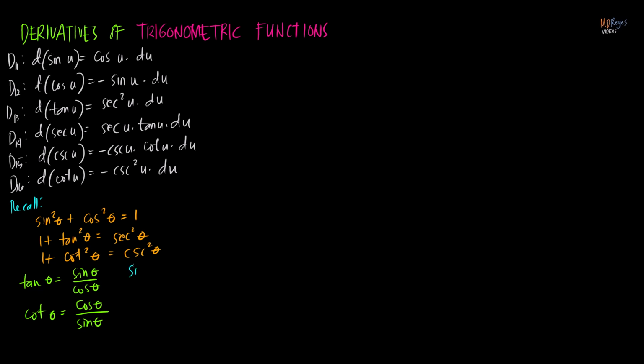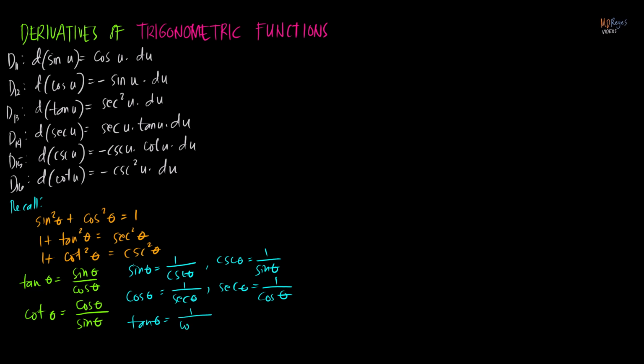The reciprocal of sine function is cosecant, so cosecant theta is equal to 1 over sine theta. And then cosine theta is equal to 1 over secant theta. And it follows that secant theta is equal to 1 over cosine theta. And then tangent theta, as I mentioned a while ago, is the reciprocal of cotangent theta, so it's 1 over cotangent theta, and also cotangent theta is equal to 1 over tangent theta.